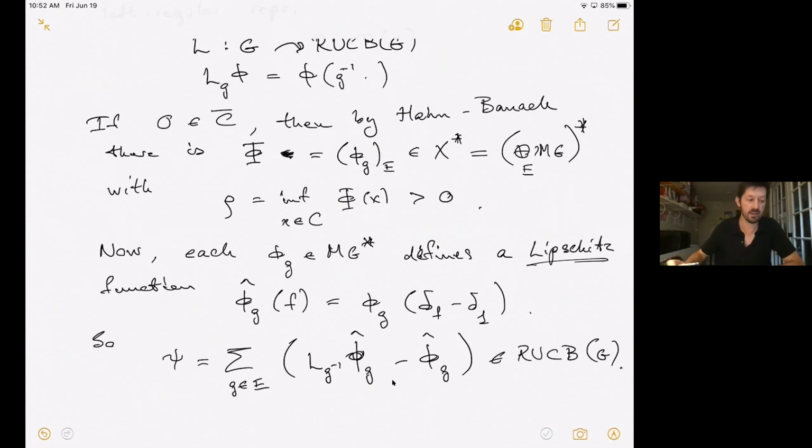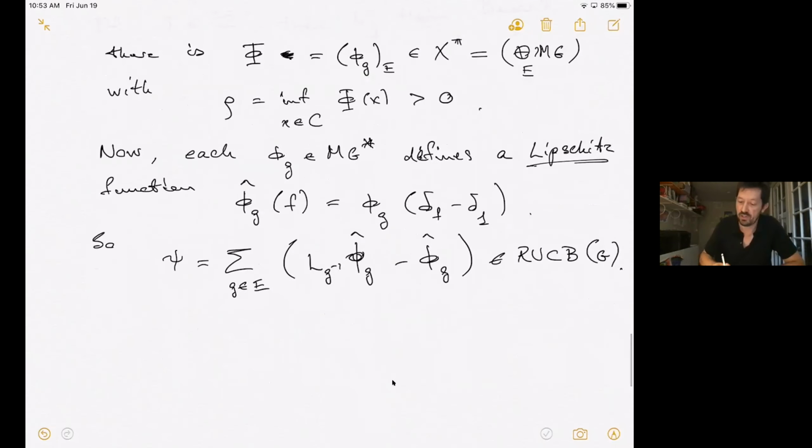Okay. Now, let's look at this function here. If I look at my mean, remember, this was an invariant functional on this algebra of right uniformly continuous functions, so I can evaluate it.